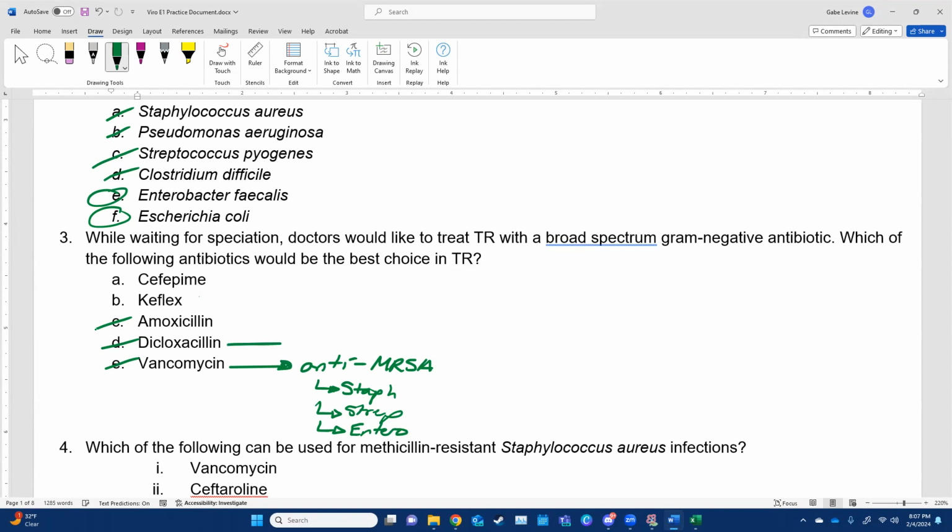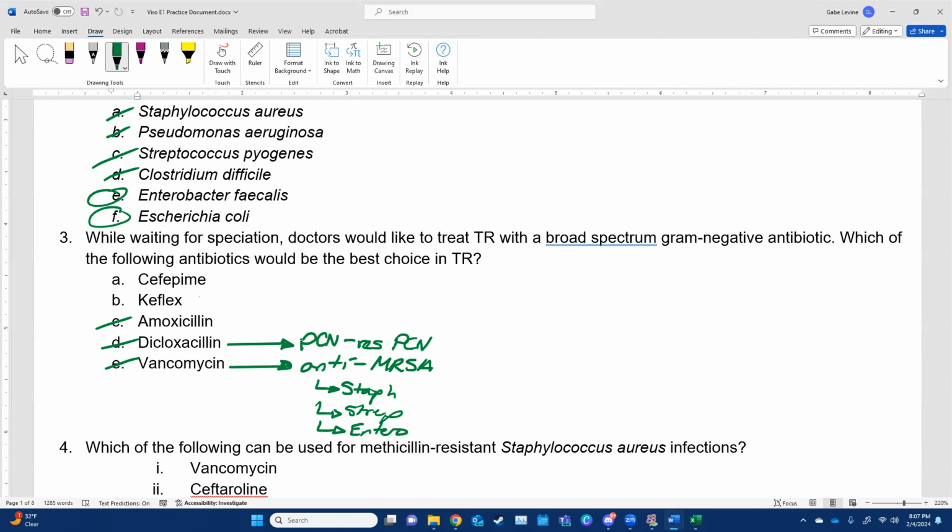What about dicloxacillin? What category or what class of antibiotic is dicloxacillin part of? Dicloxacillin are penicillin-resistant penicillins. Penicillinase resistant. Anti-staph.